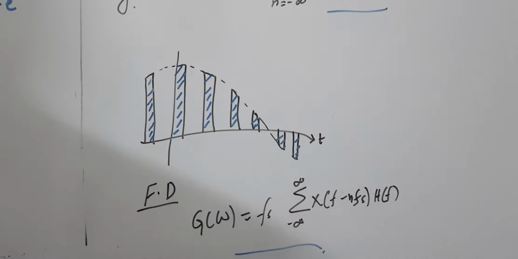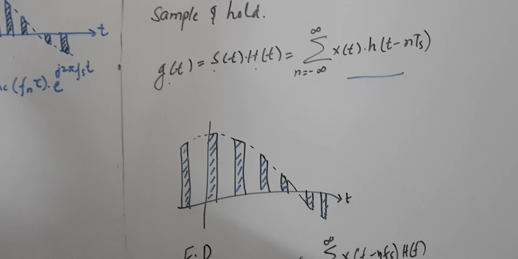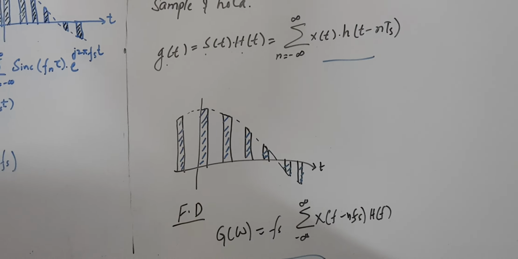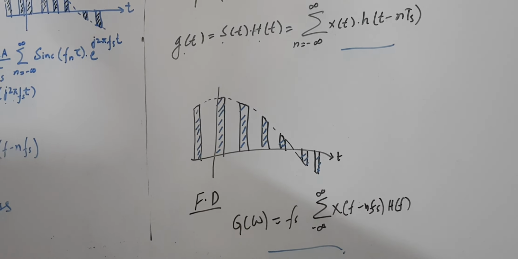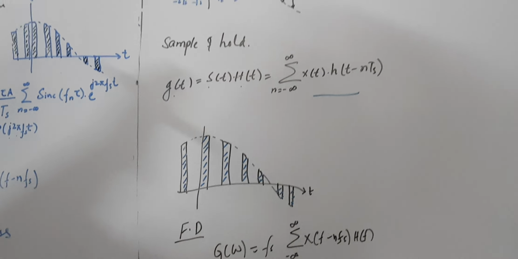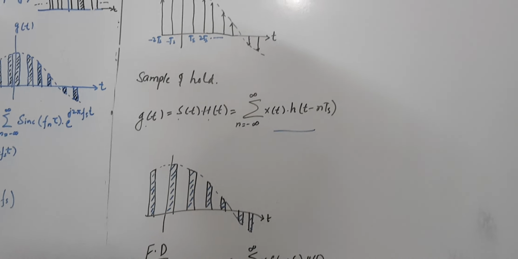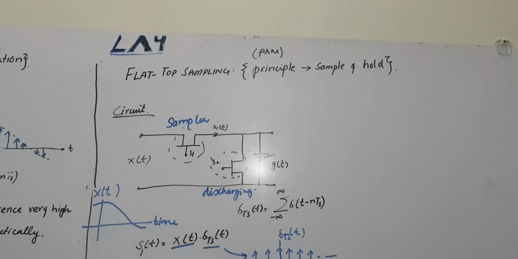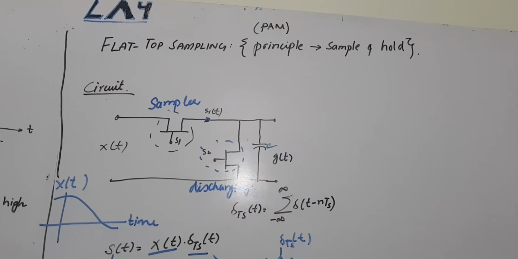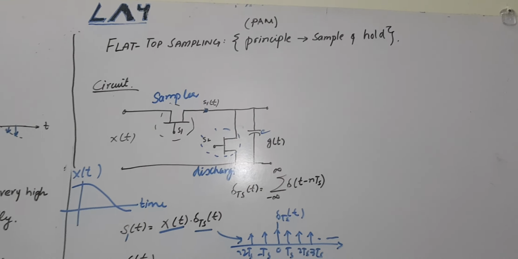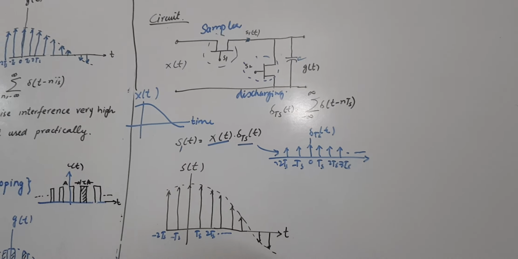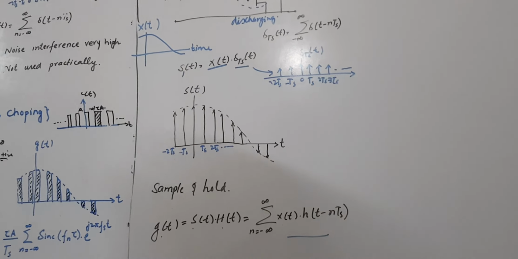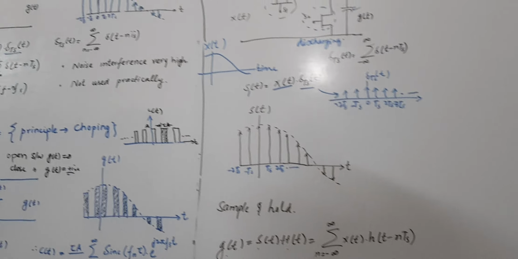Because you are using the pulse train, this method of generating samples has very high noise interference. Practically you can use this method, and it looks like natural sampling, and it is also easy to generate.